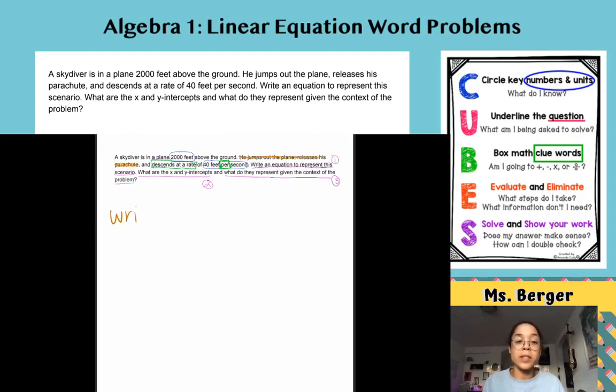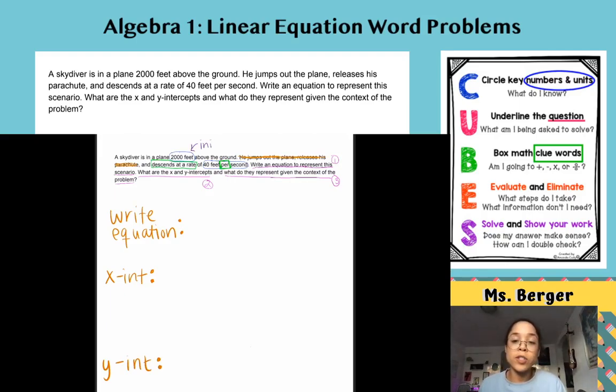So I know I need to write an equation, and this is going to be a linear equation. Then I also want to write down, I'm going to need my x-intercept. I'm going to need to find out what that is. And then I'm also going to need to find out what the y-intercept is. So those are the steps that I'm taking to solve this problem.